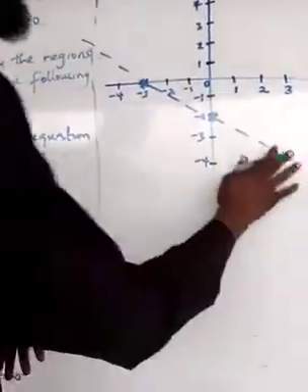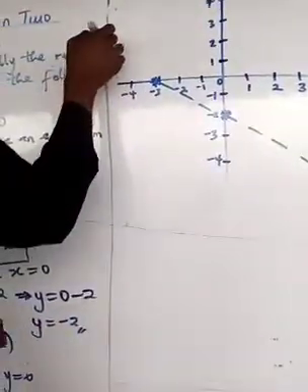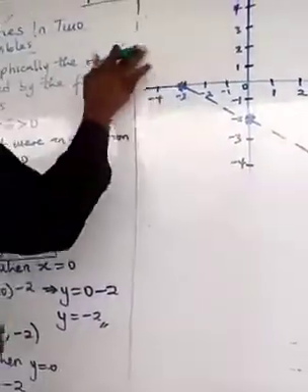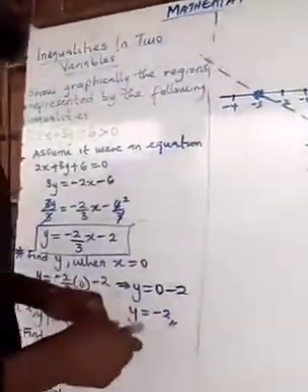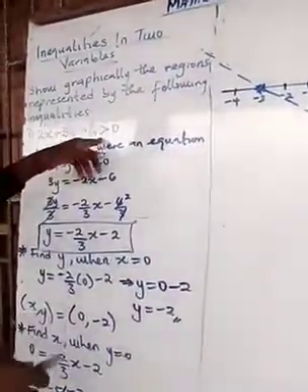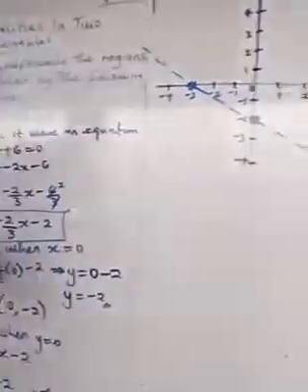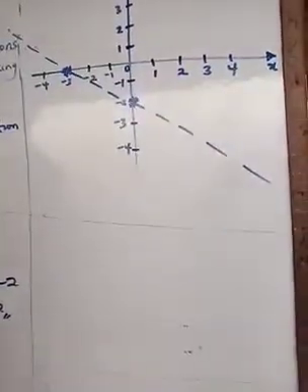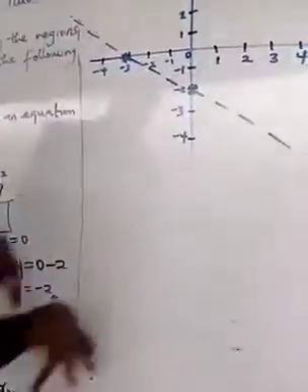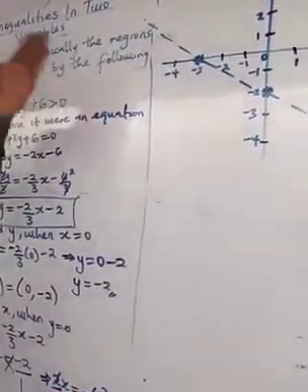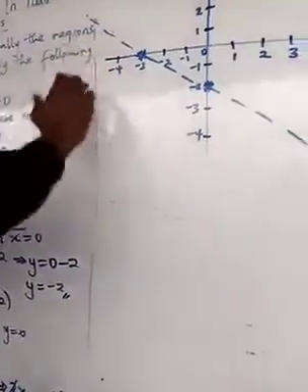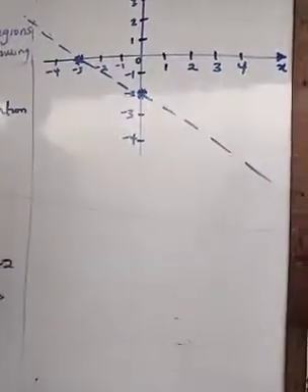Now this solution is not complete, because we need to shade some parts. How do we know which part to shade? It is the sign that will let us know. If it is greater than, it means above the line. If it is less than, it means below the line. Because in this question it is greater than 0, we are interested in the part of the answers that are above the line.